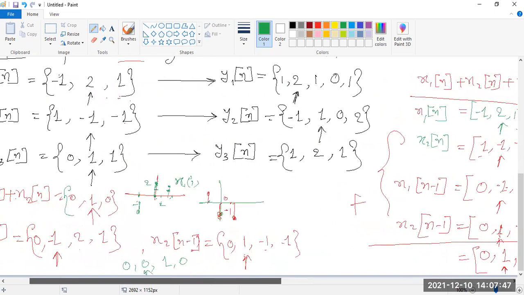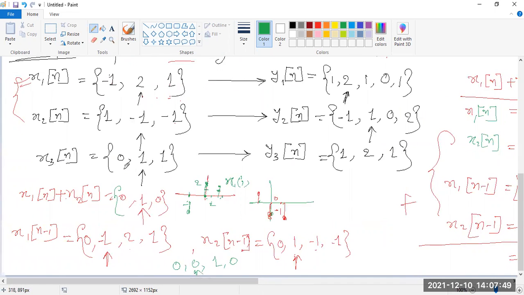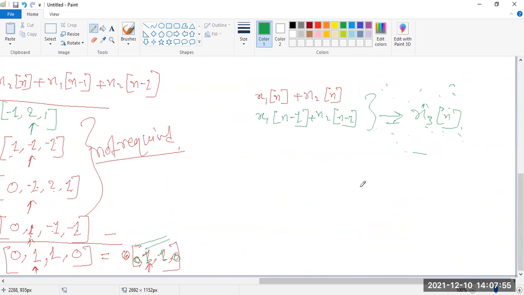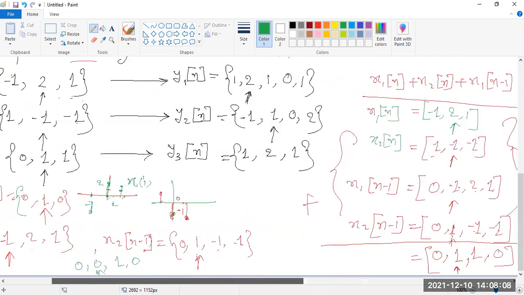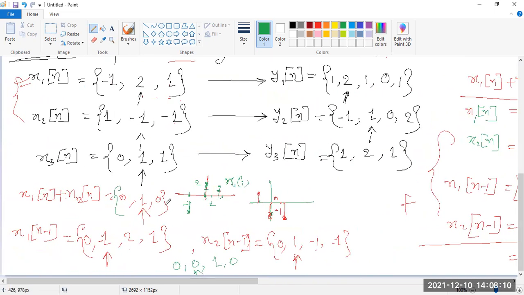You can find that x3 is also given 0 1 and 1. So in this way we can find out that this summation is x3, because the value of this is 0 1 1, and the value of x3 is also 0 1 1.